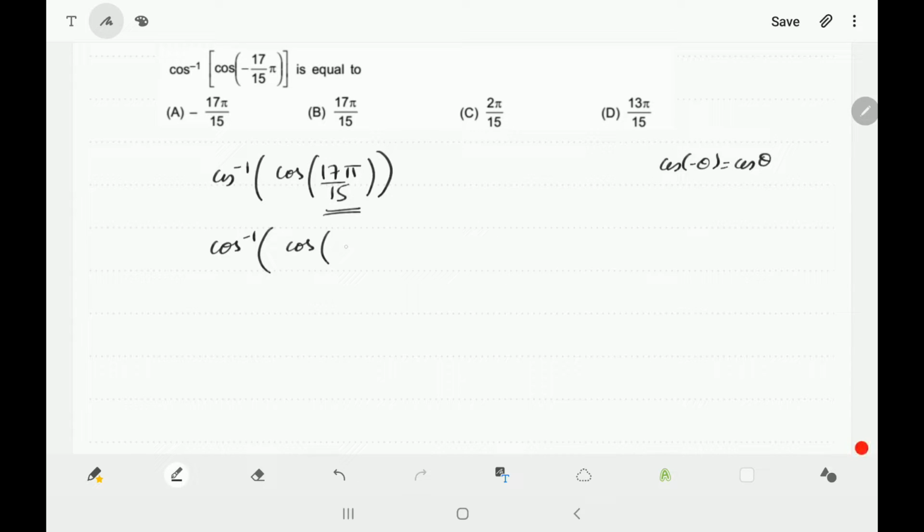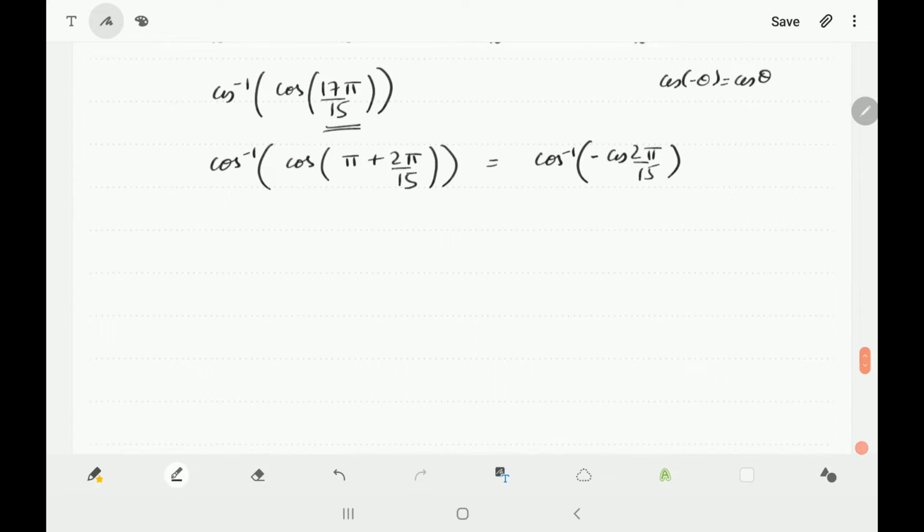So 17 pi by 15 can be written as pi plus 2 pi by 15. Okay. Now cos of pi plus theta is minus cos theta, so this will be minus cos 2 pi by 15. Okay, so now this can be written as cos inverse of minus x using the formula cos inverse of minus x is equal to pi minus cos inverse of x.